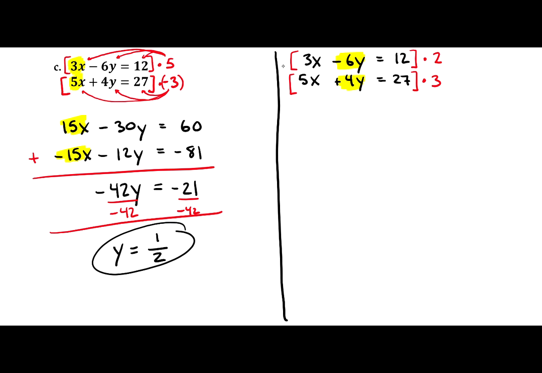So if we take the first equation and multiply by 2, we'll get a 6x minus 12y is equal to 24. And if we multiply the second equation by 3, each term by 3, we'll get a 15x plus 12y is equal to 81.